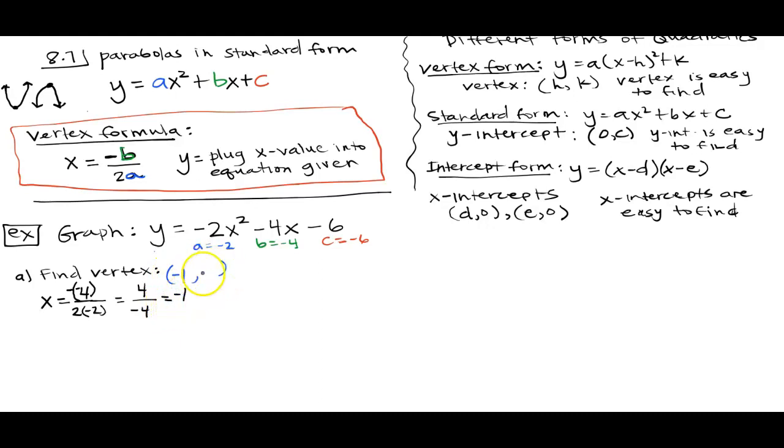Now how am I going to figure out what my y value is of that vertex? Yeah, so we're going to go back to this equation that's given here, and I'm going to put things in here that I know. So I'm going to do negative 2 times parenthesis negative 1 squared minus 4 times negative 1 minus 6, and then we just need to simplify that.